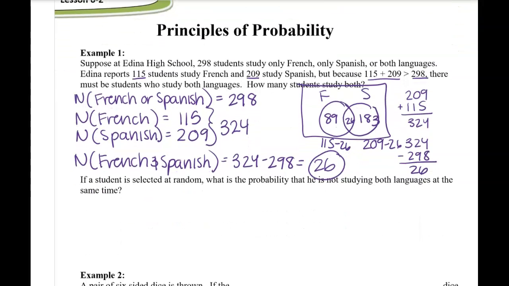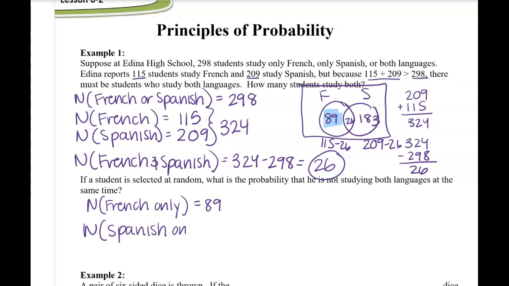If a student is selected at random, what's the probability he is not studying both languages? Well, we're looking at anybody not studying both. So the number of students studying French only, which was this piece of the Venn diagram, is 89. The number studying Spanish only is 183.